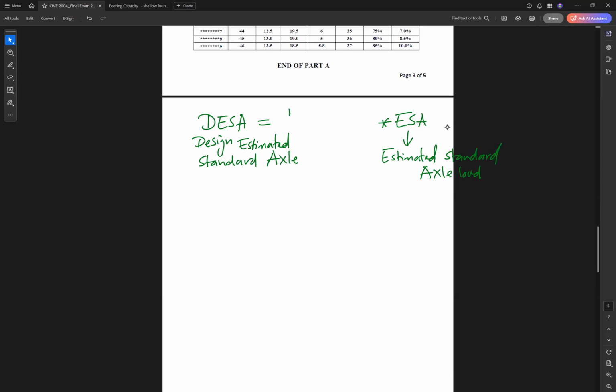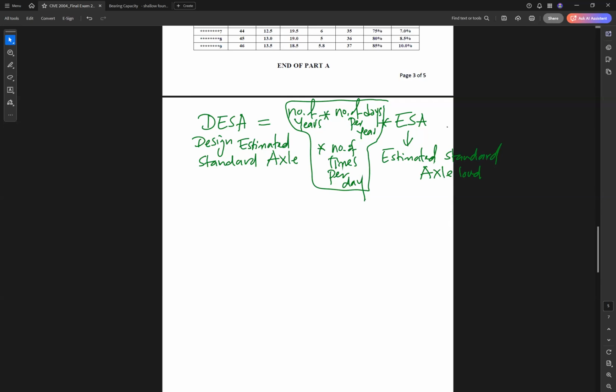So number of years, multiplied by number of days per year, multiplied by number of times per day. Okay, so all this is the number of runs of the truck for the whole design life.